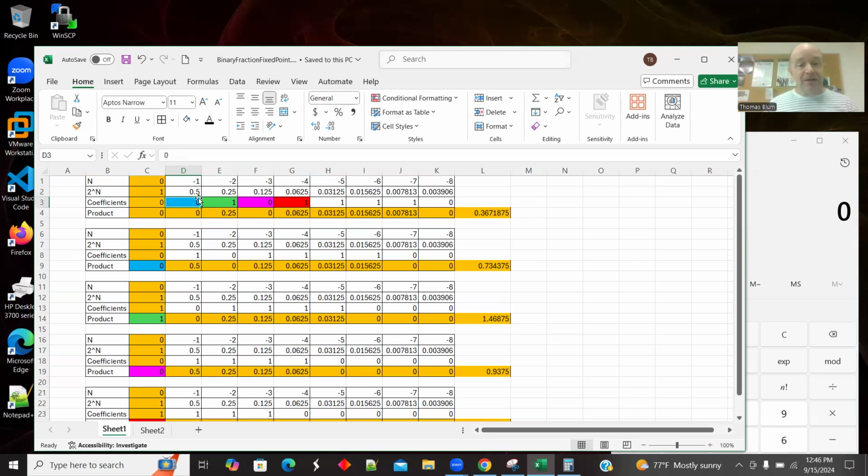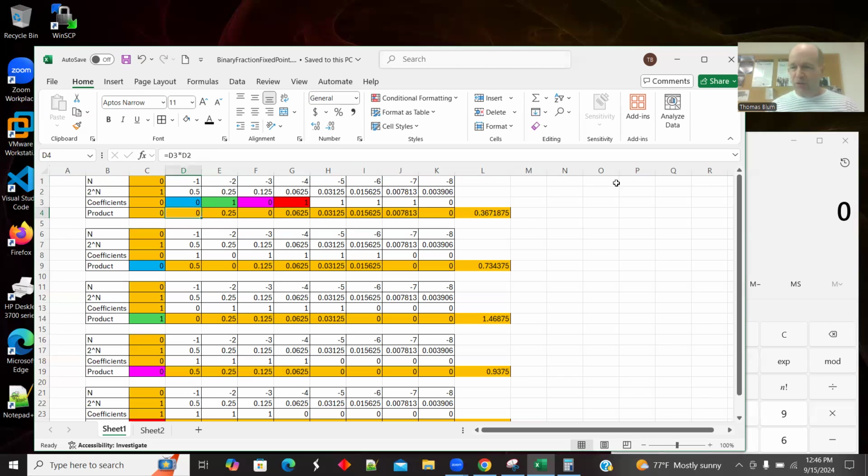And then I just made up some particular problem and had some coefficients here: 0, 1, 0, 1, 1, 1, 1, 0. Down here in this last row, I did a product of the coefficient and the negative power of 2, and then finally over here, added them all up.